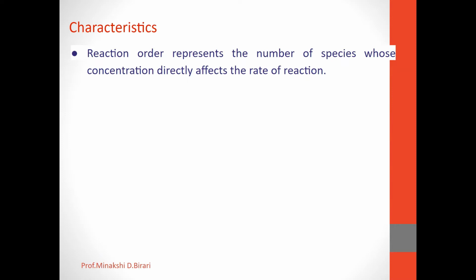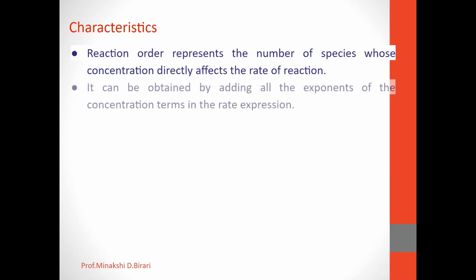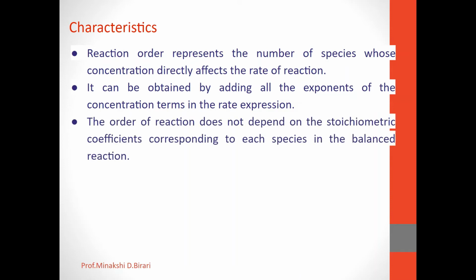Reaction order represents the number of species whose concentration directly affects the rate of reaction. It can be obtained by adding all the exponents of the concentration terms in the rate expression. The order of reaction does not depend on the stoichiometric coefficients corresponding to each species in the balanced reaction.